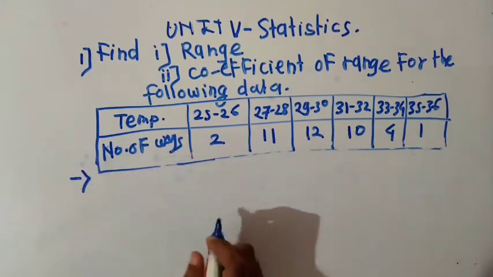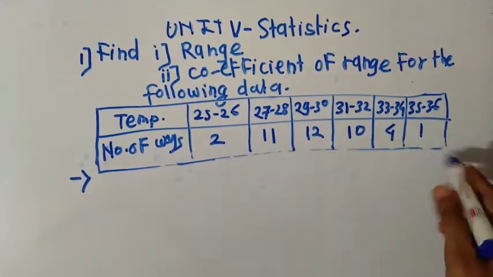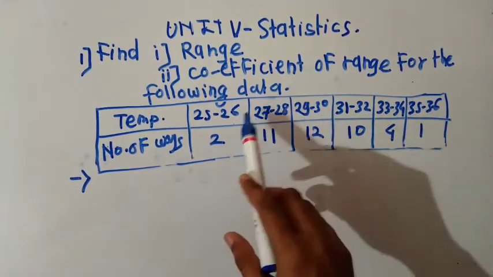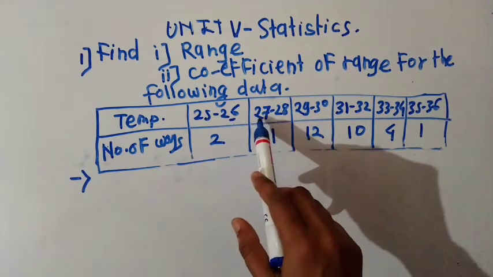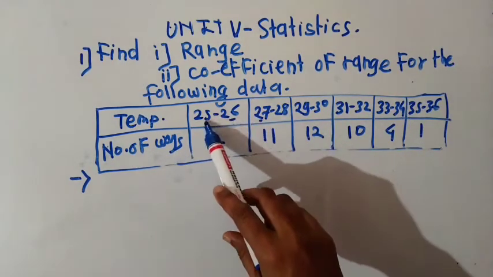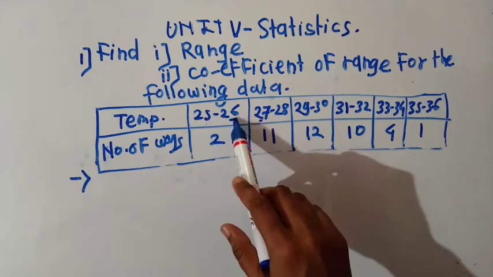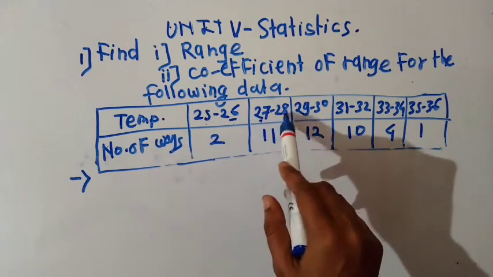First, this data is continuous or discontinuous? Here 26 and here 27. So 25 to 26 and 27 to 28.